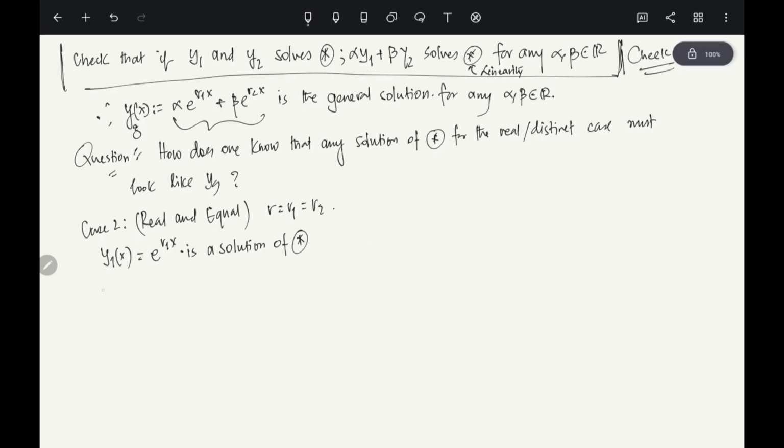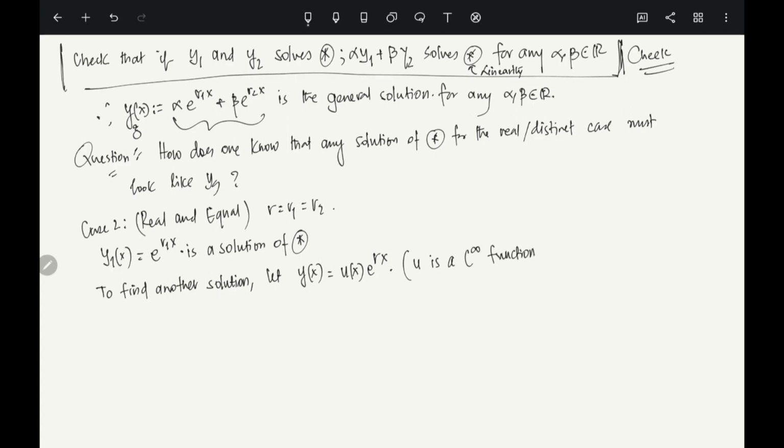To find another solution, we define a new function y(x) equal to u(x) e^(r x), where r is r1 or r2, whatever you want to call it. This u is a smooth function.